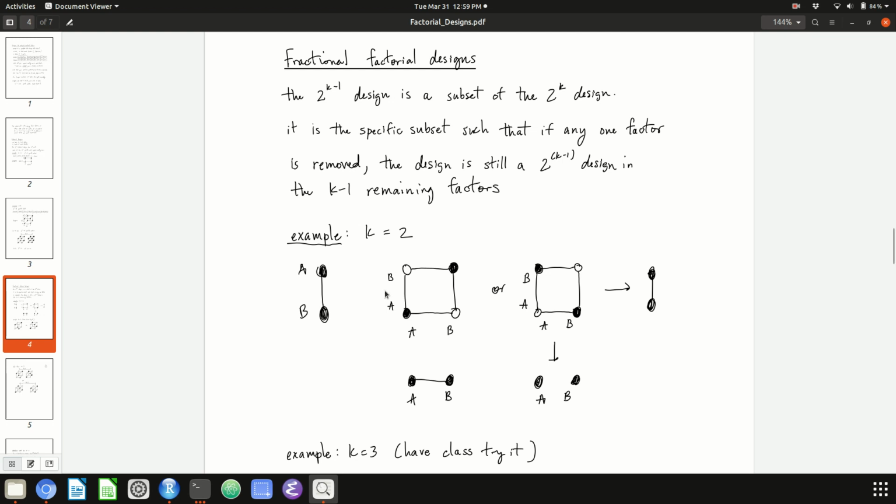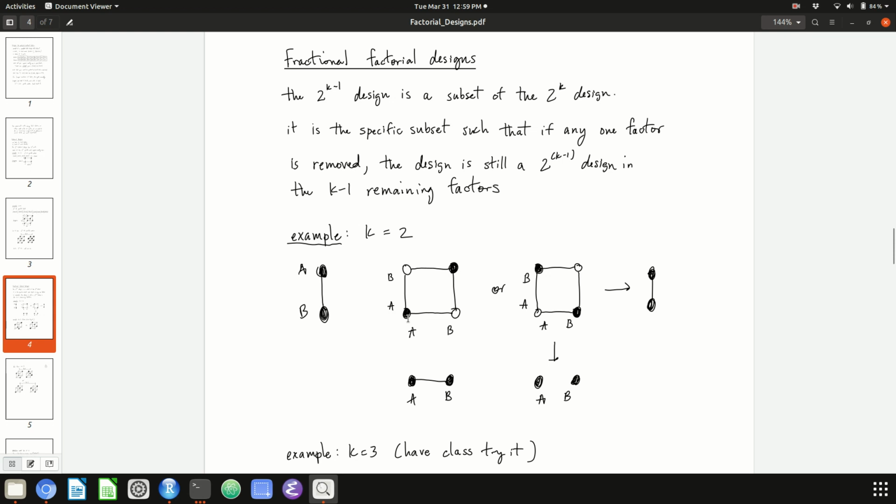So this is an example of a 1/2 fraction design. But it satisfies the constraint that we imposed, meaning that if we deleted one of these factors, we would get all possible combinations of the other factor. So let's see how this works.